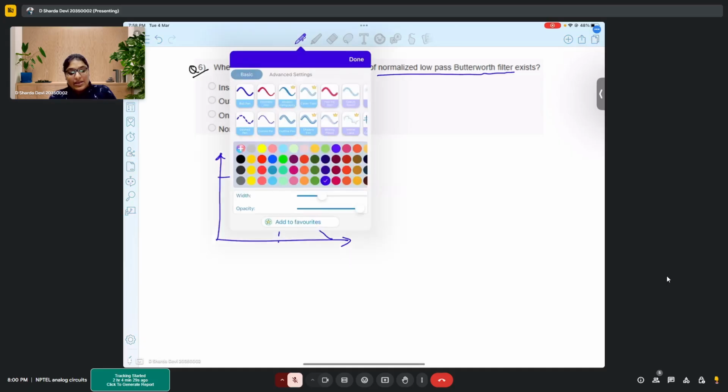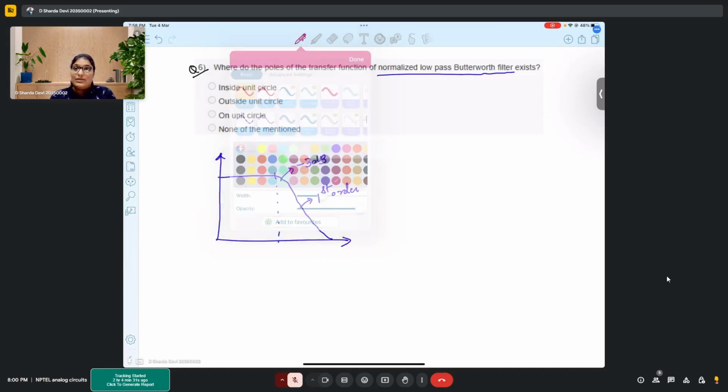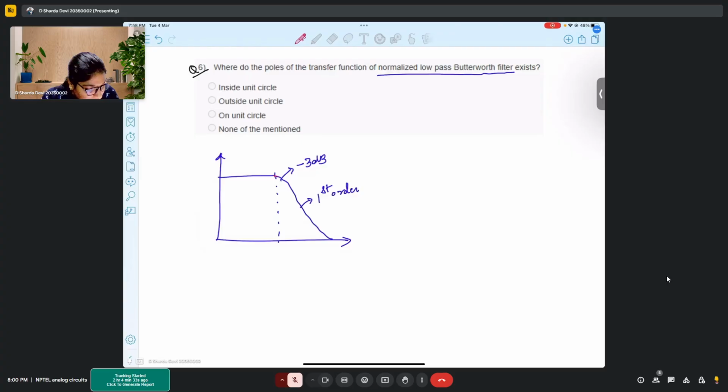When you have two poles, the slope becomes steeper, but the dip also increases. It becomes minus 6 dBs.